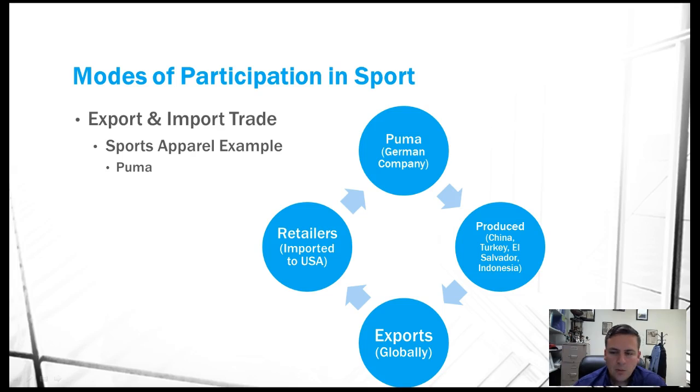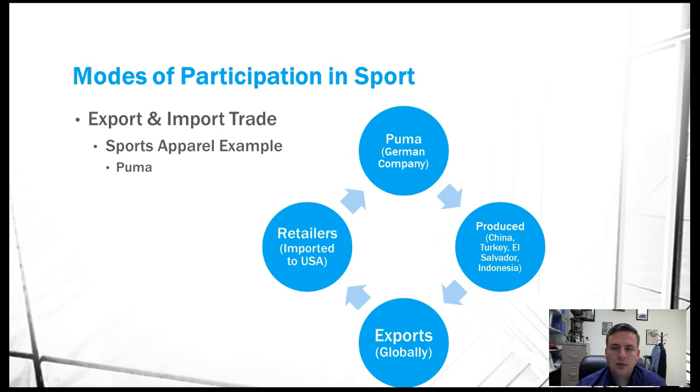If we look at a basic understanding of this import-export model, we'll take Puma as an example. Puma is a German company that produces products all over the globe. It produces the products, for example, in China, Turkey, El Salvador, and Indonesia. They then ship or export out of those countries into the United States. The retailers in the United States import them.